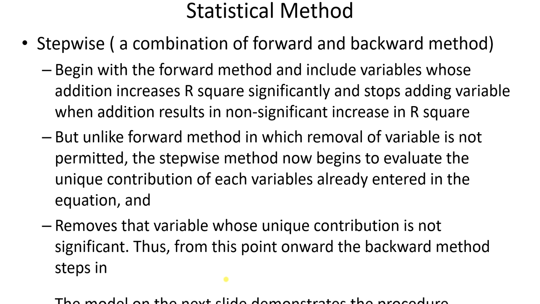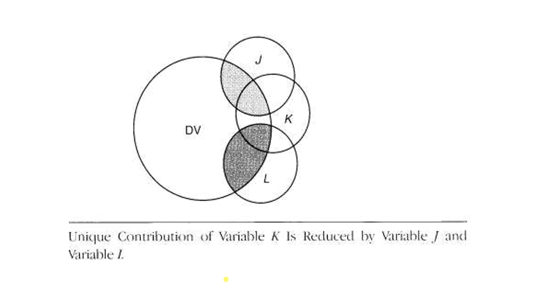The next picture will show you how this method works. Suppose we have one DV and three predictors J, K, L. By the forward selection method, we entered all the three variables J, K, and L. But when all these three variables are entered, we see that variable K has a very small unique contribution, this white portion.